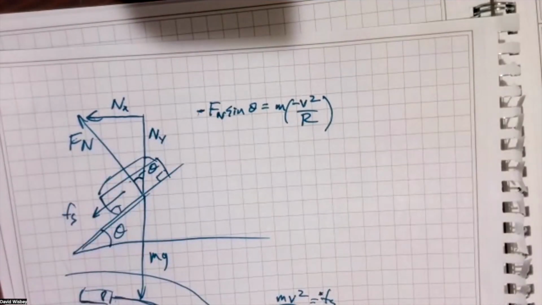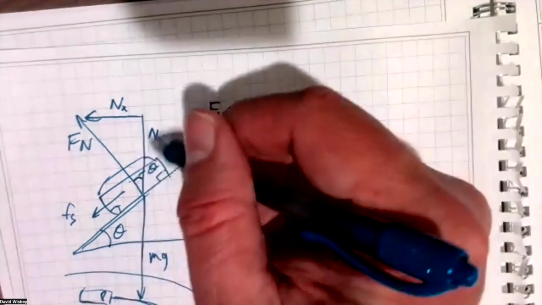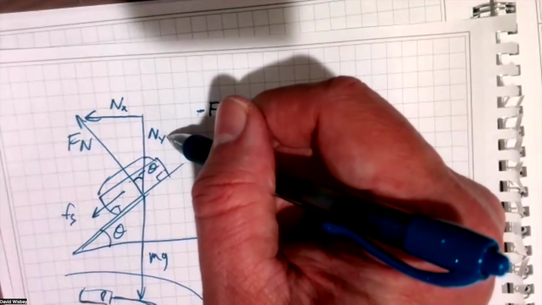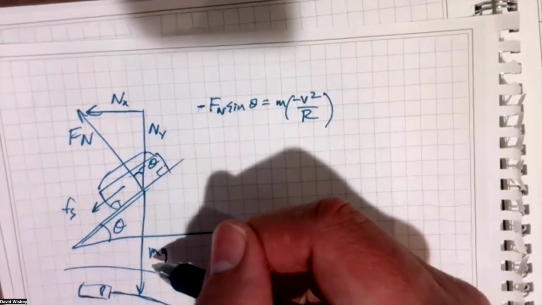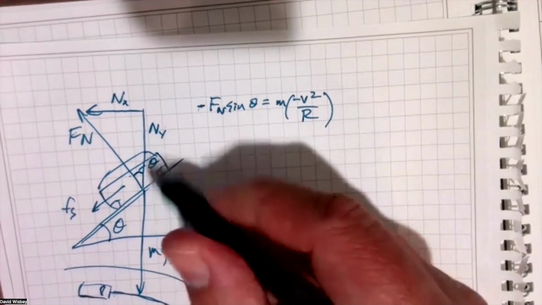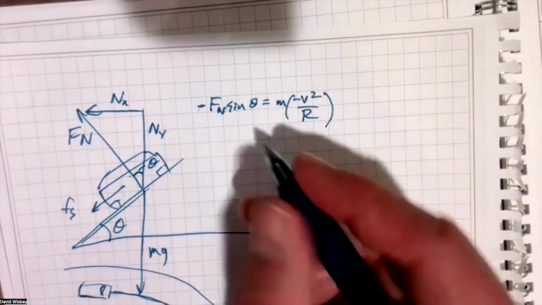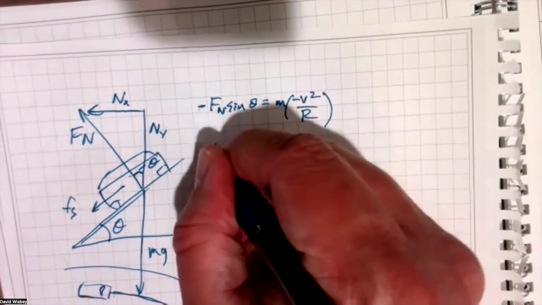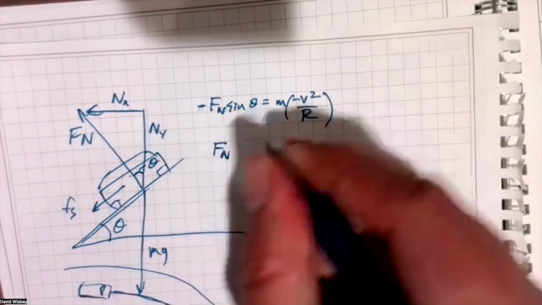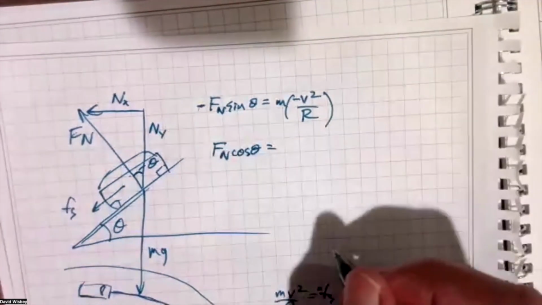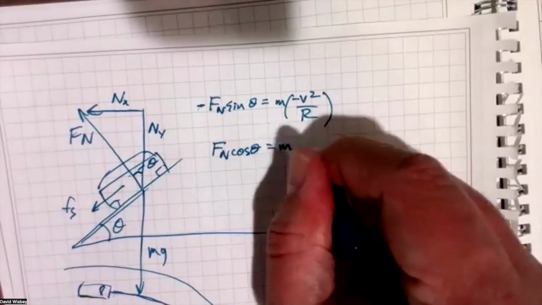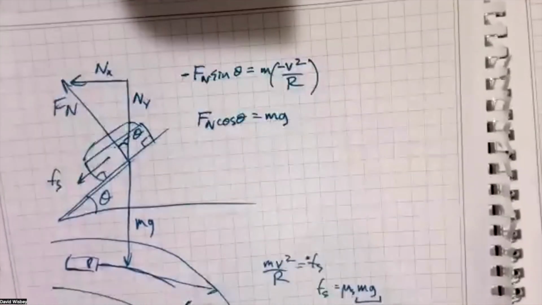Okay, I've also got my normal force, because I've got the y component here of my normal force, which is going to be equal and opposite to the weight of my vehicle. So for this part of the triangle, it's going to be Fn times cosine of theta, and this is going to equal m times g, okay?